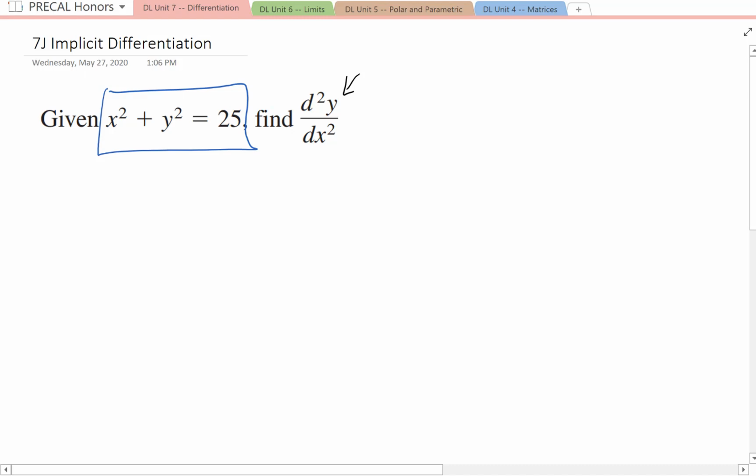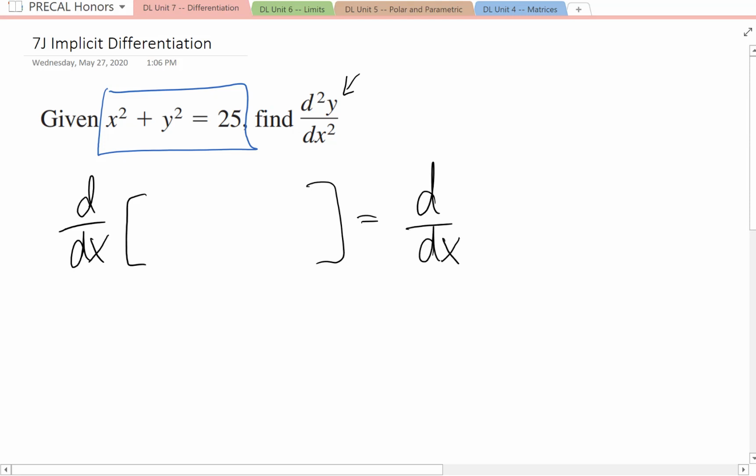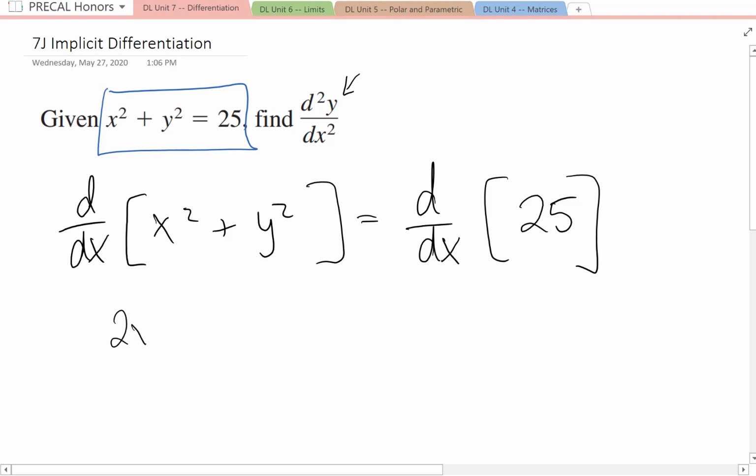All right, so we will derive this implicitly. You could also solve for y, but it's going to be easier like this, I believe. The derivative of x squared is just 2x. The derivative of y squared, y is a function of x.